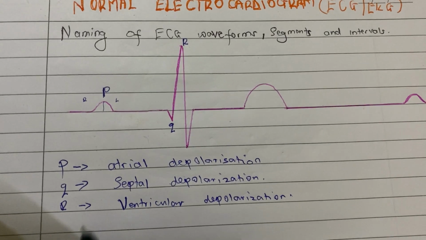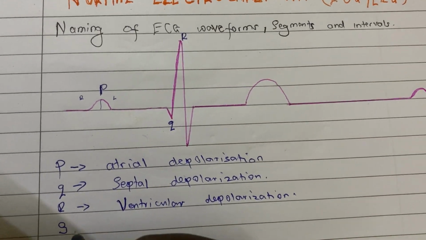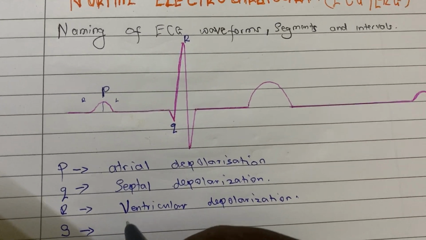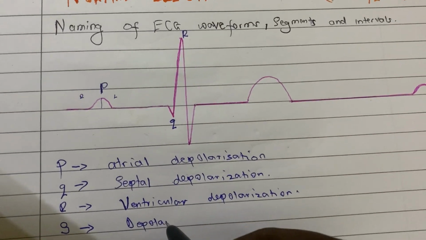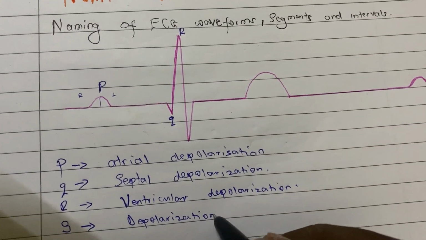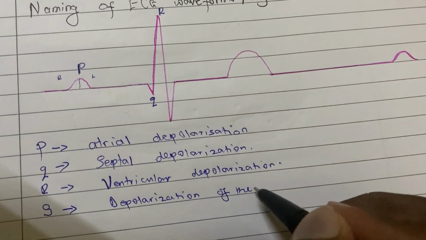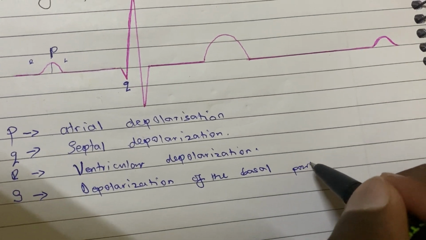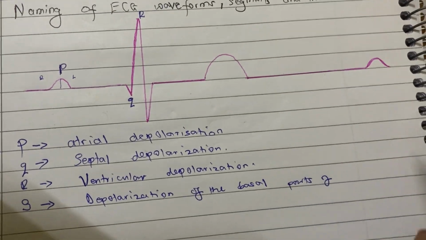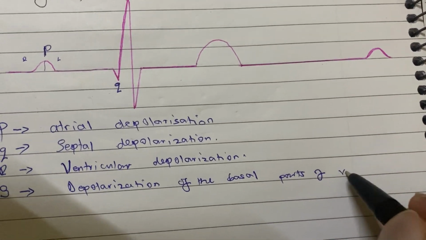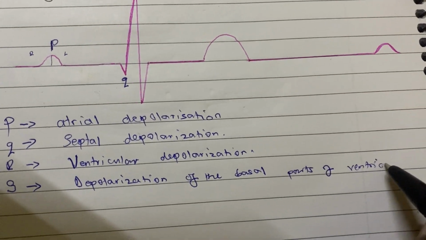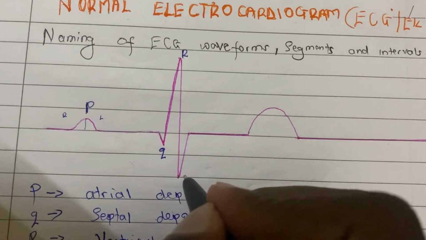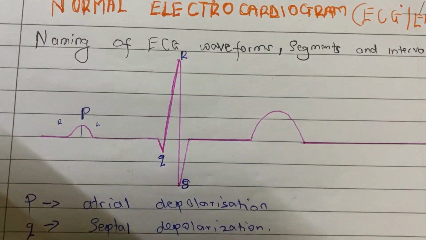Now the S, sometimes if it's there, it represents depolarization of the basal parts of the ventricles, or the ventricular free walls. We can name it like that. This is the S wave.